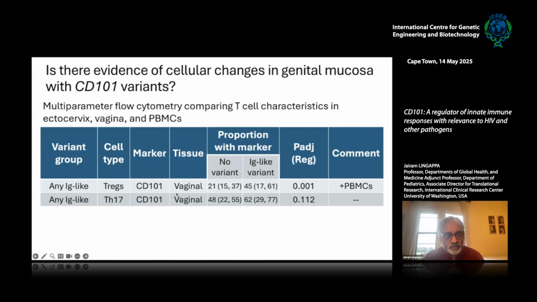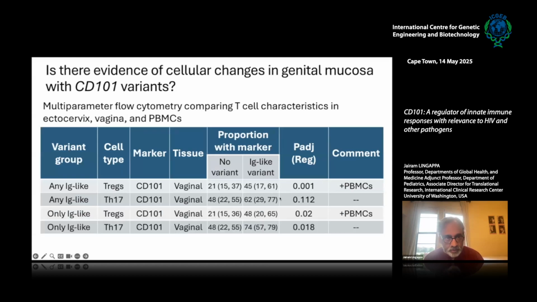We also saw that Th17 cells, inflammatory cells in the mucosa, were expressing CD101 at higher levels in the vaginal mucosa. This didn't reach statistical significance, but when we changed to looking at people with only Ig-like variants, people with any Ig-like variant meant that they had an Ig-like variant but could have had other variants as well in CD101.